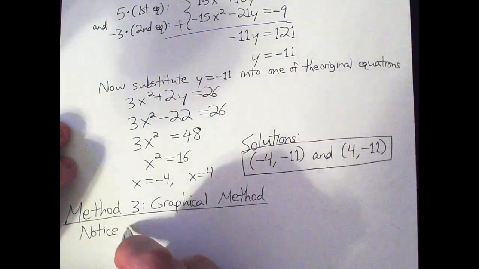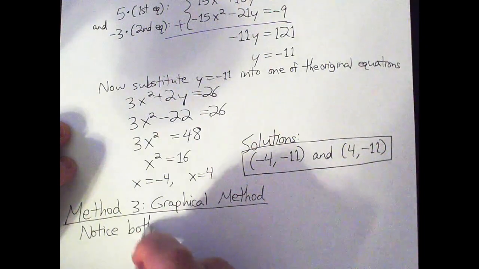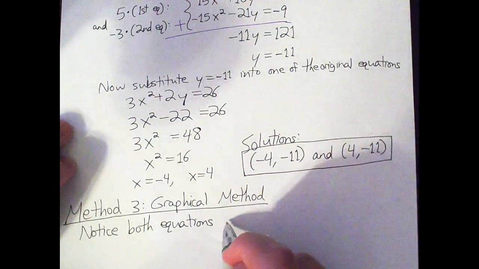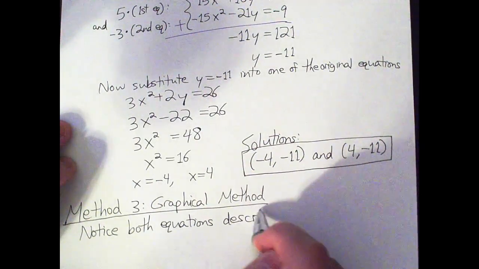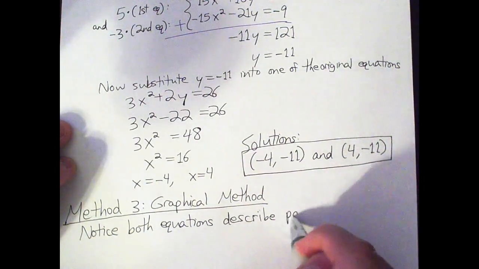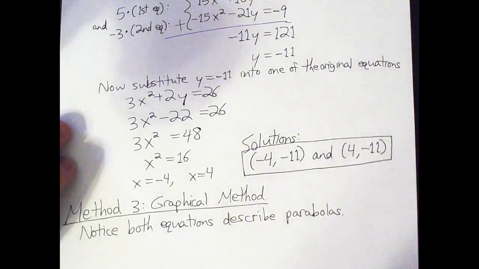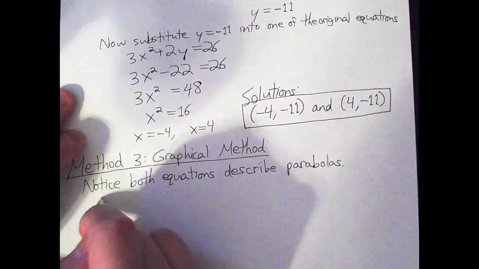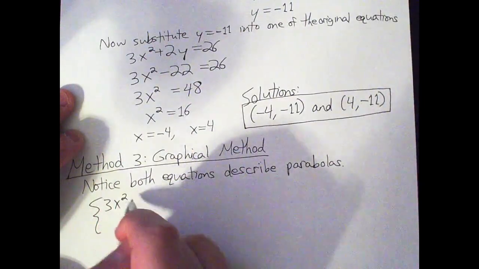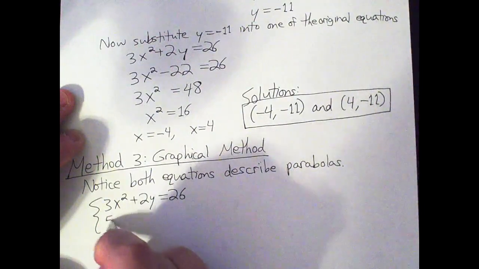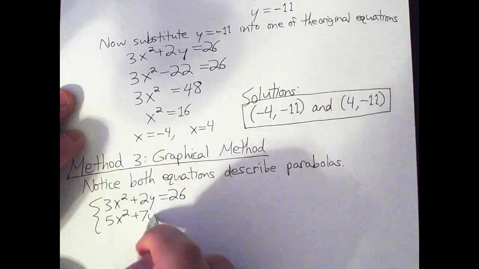So notice that both equations describe parabolas, right? What do we have? We had the system 3x squared plus 2y equals 26, and 5x squared plus 7y equals 3.